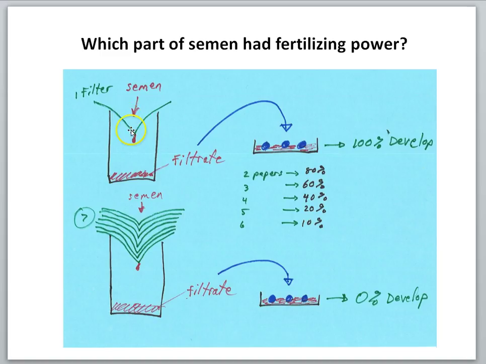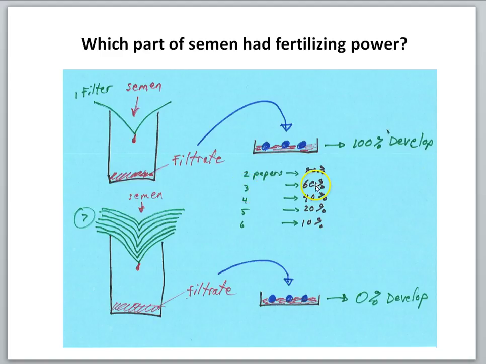When you use one filter paper, this filtrate, this fluid down here, can fertilize 100% of the eggs in the dish. It has great fertilizing power. Now, he went on then to add another filter paper, so 2 filter papers, and then 3, and then 4, and you can see his results here. When you use 2 papers, 80% of the eggs fertilize.